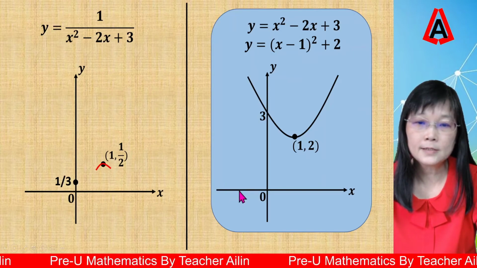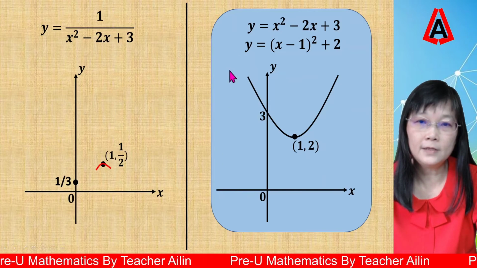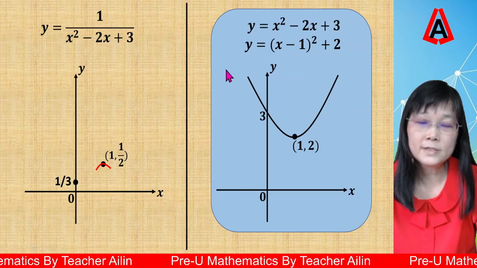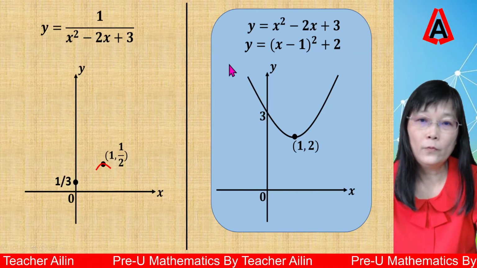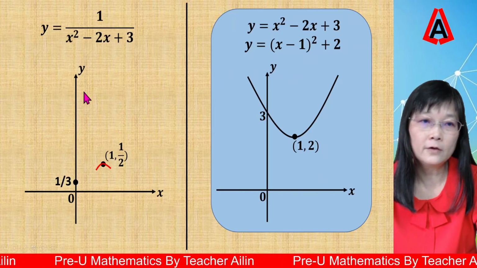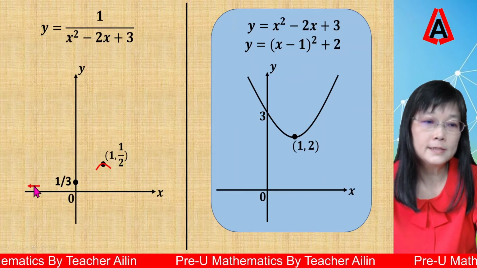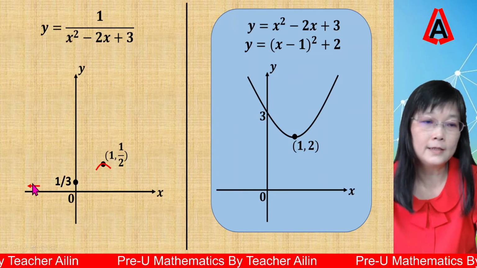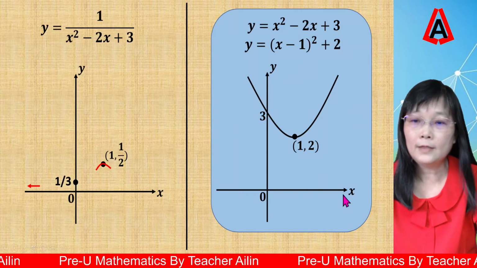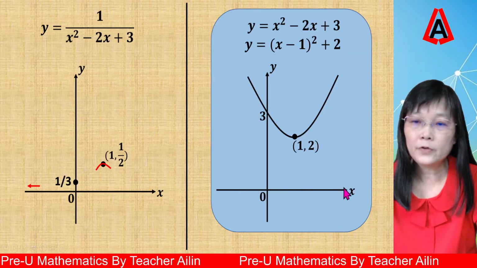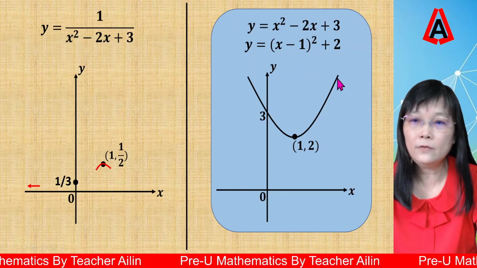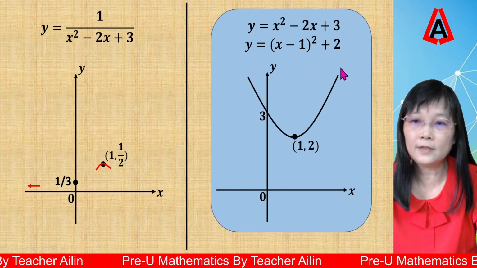When x approaches negative infinity, y is positive infinity. So when y is positive infinity, when converted to the reciprocal function, the value of y approaches slightly greater than 0. When x approaches positive infinity, y is positive infinity.